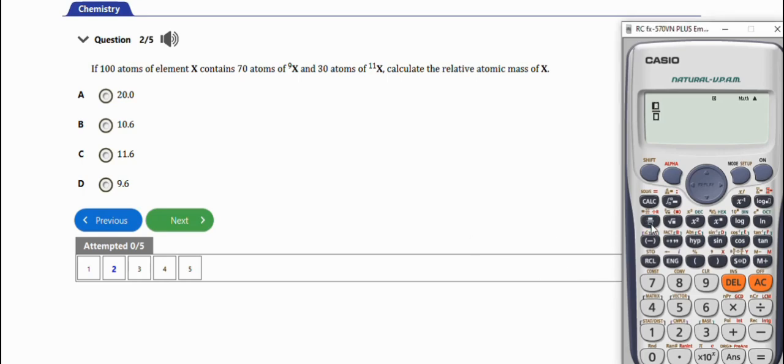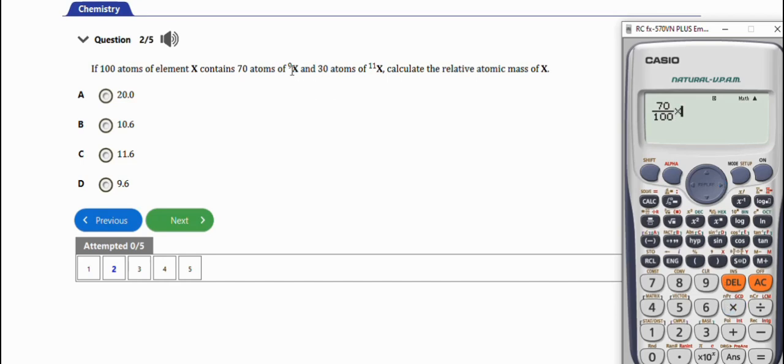Here, the percent abundances respectively in this question are 70 and 30. Since we are talking about percent, it will be 70 over 100, percent abundance times atomic mass.